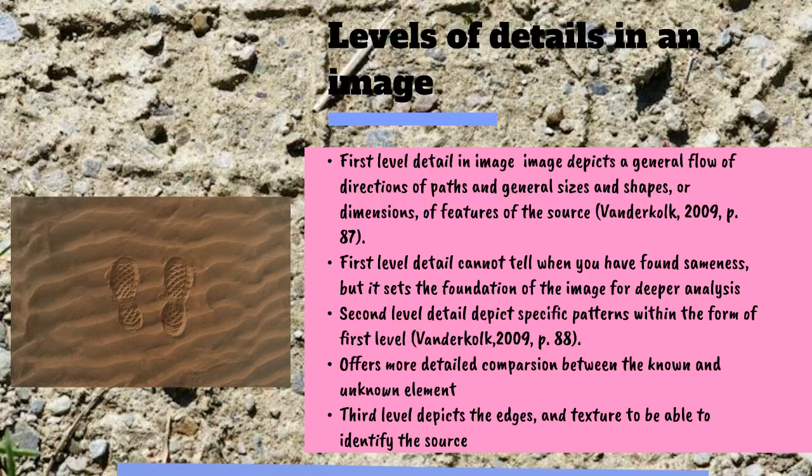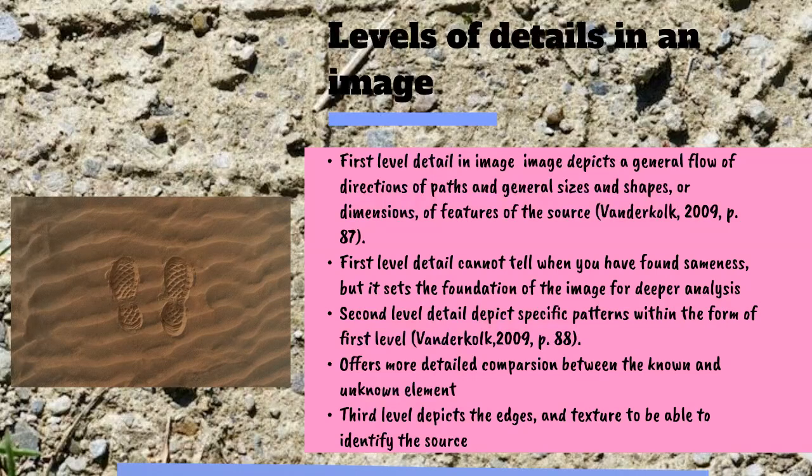This is how we are able to determine the second and third levels, because they always rely on the first level detail. The first level detail is generally the shapes, sizes, and dimensions, so that we can determine the source of the image. While it does not offer sameness, it is the foundation.